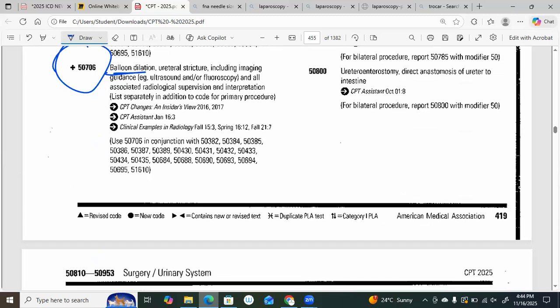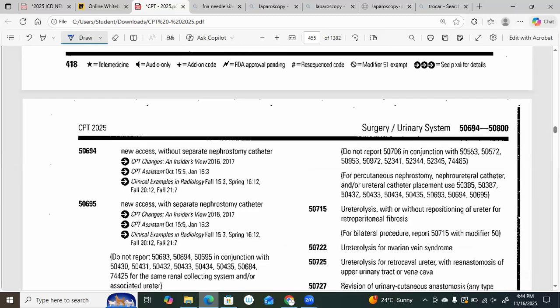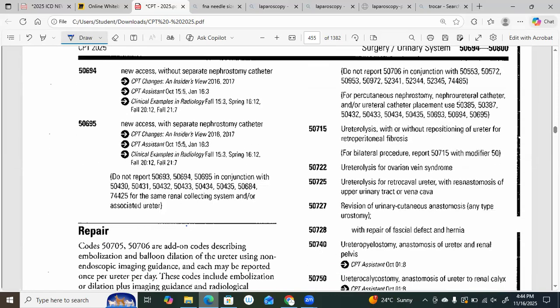So next section we have here. This is ureterolysis, 50715. Lysis means releasing the ureters. This is without reposition for the retroperitoneal fibrosis.